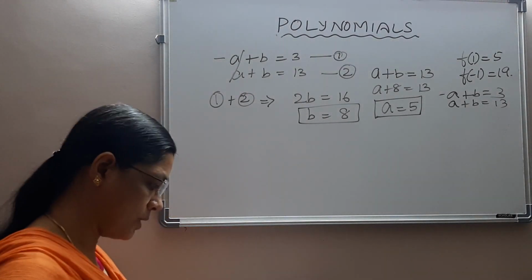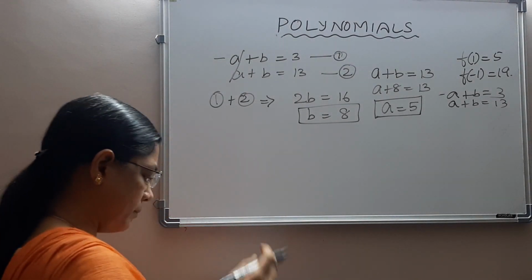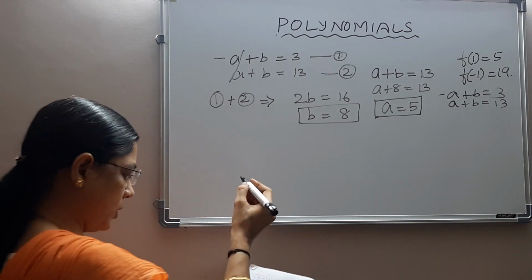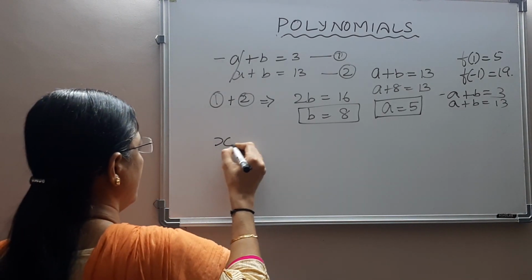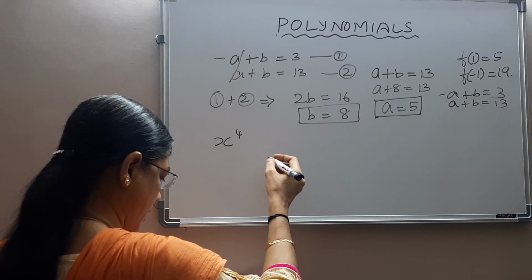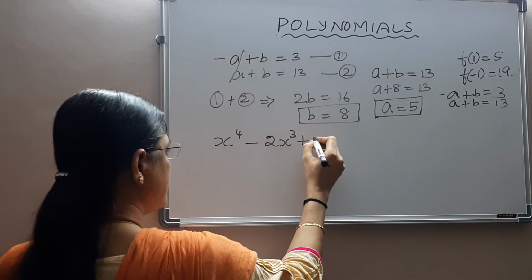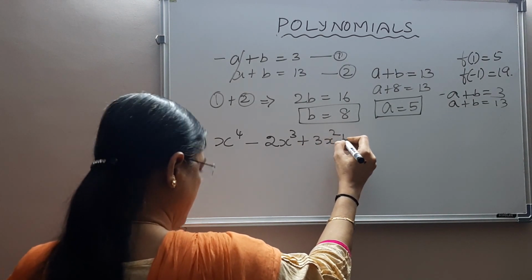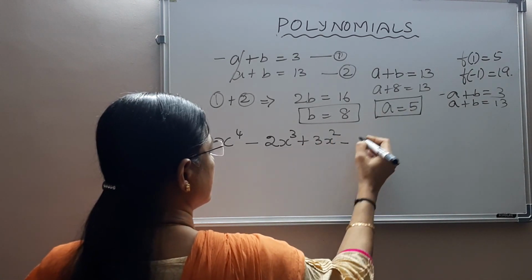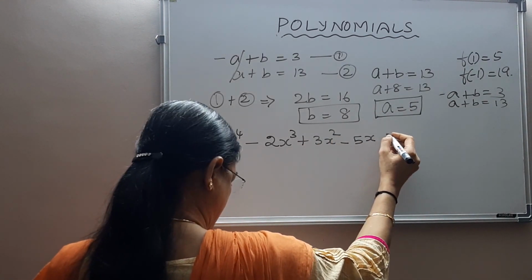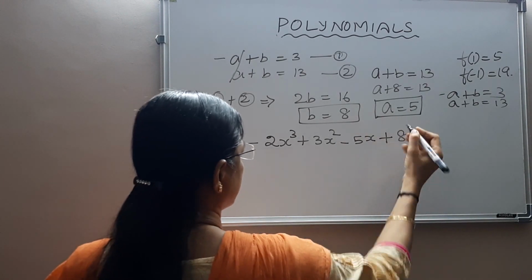Now what you need to do is, see, we have got the polynomial. I am putting the value of a and b in their respective places: 2x cube plus 3x squared minus ax, that is minus 5x, plus b, that is 8.